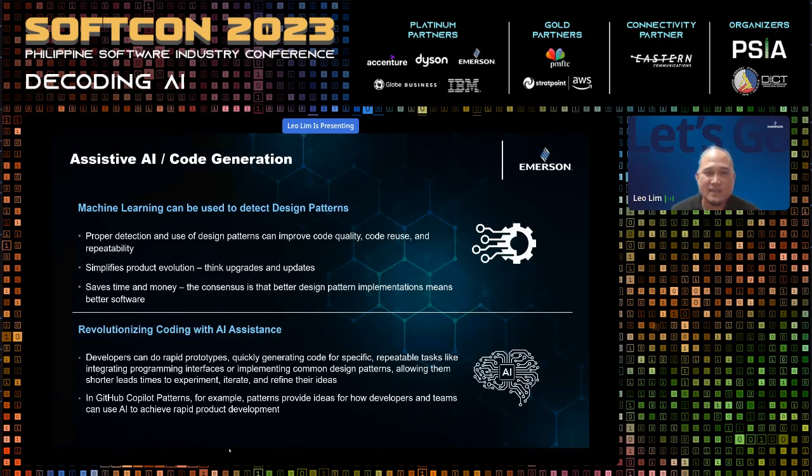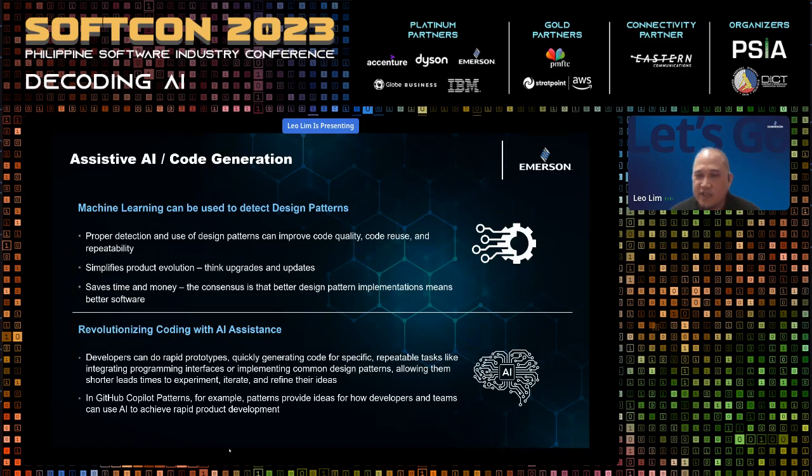And then there's the coding with AI assistance. So I'm sure you've heard about GitHub Copilot now. They have a patterns implementation, which actually gives suggestions as well on rudimentary design patterns that you can use inside your code. And again, this really helps with your rapid prototyping.